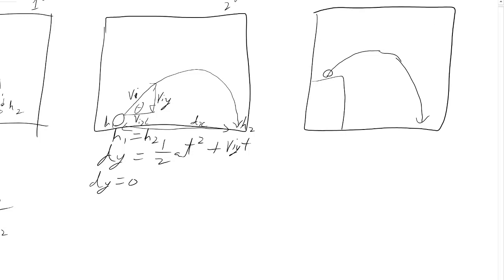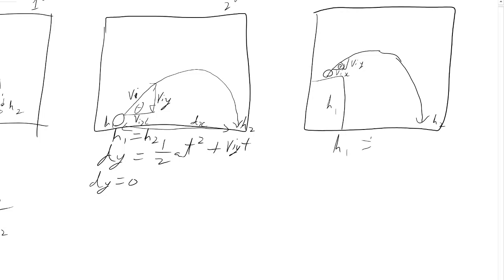So the characteristics of this graph, there's a theta, and then VI, so there's VIY and VIX, just like the last one. And then also h1, h2.